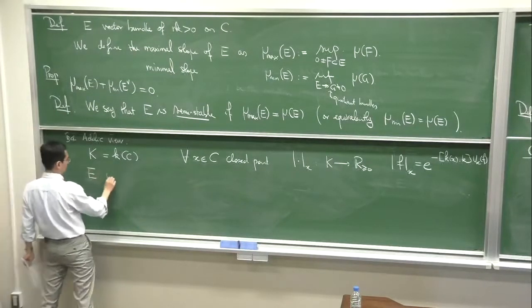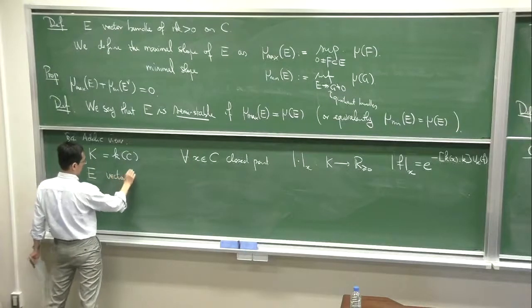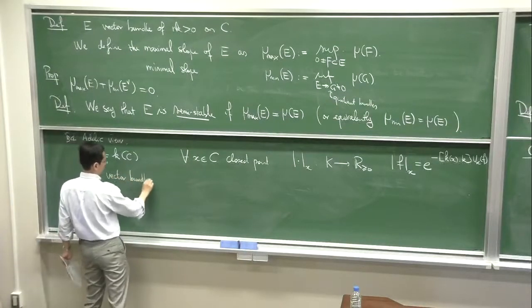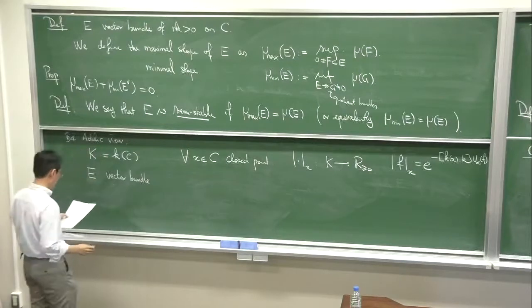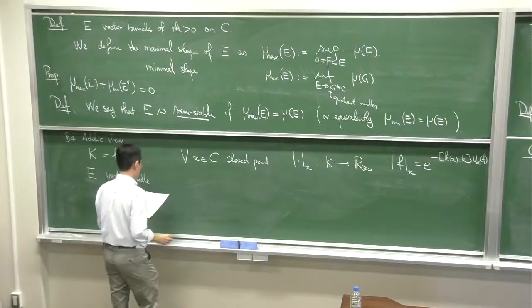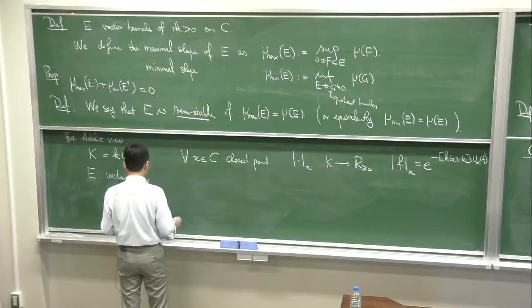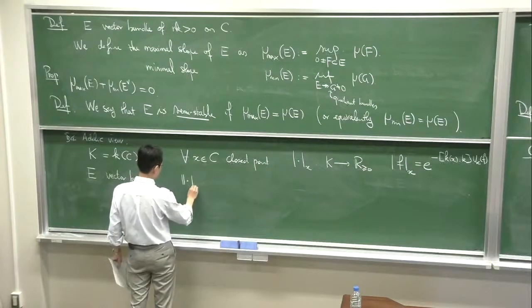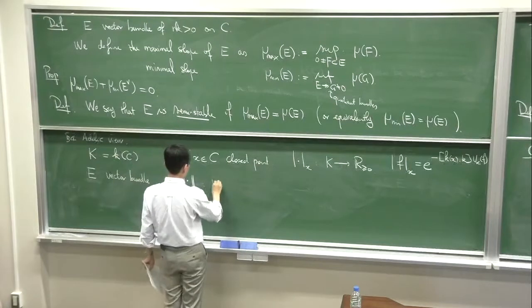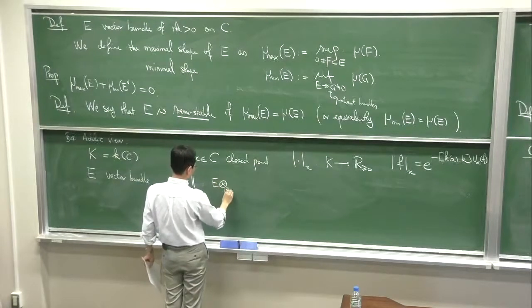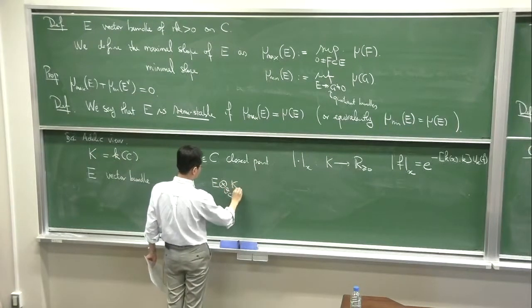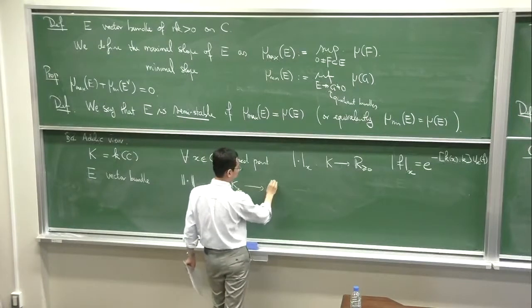Now if you have some vector bundle E on C, then you have a norm on E tensor over O_C with k(x).